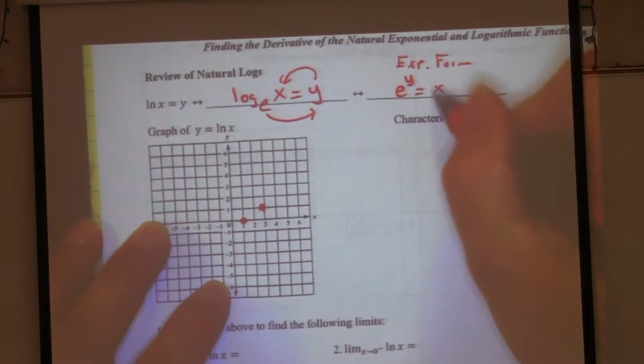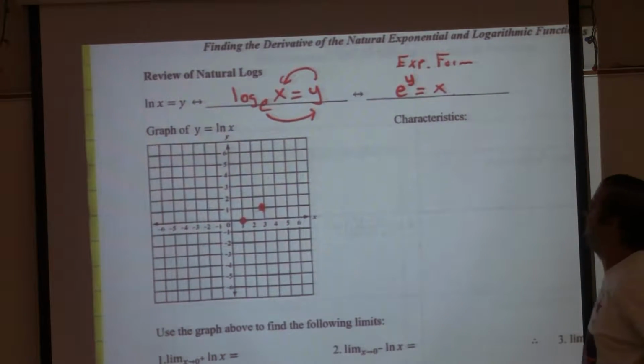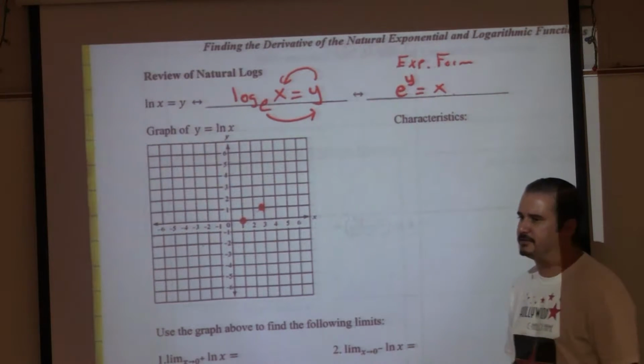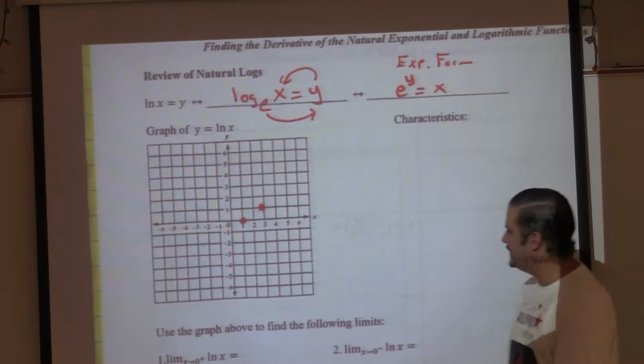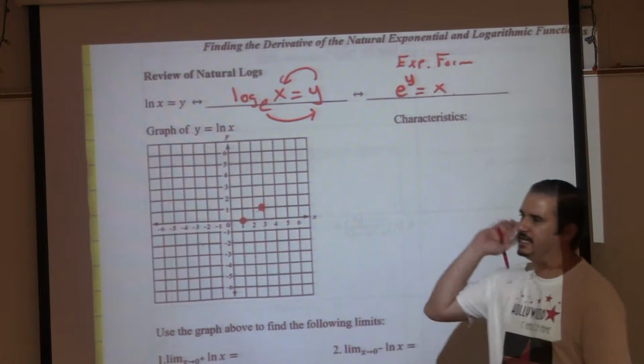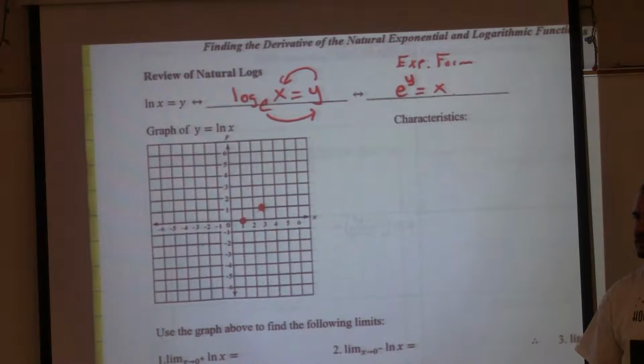Can this answer ever be 0? Can I put a power in for y that will make my answer 0? No. Why not? What if I put a really big negative number, like e to the -1,000? That won't be 0? What would that be, e to the -1,000?